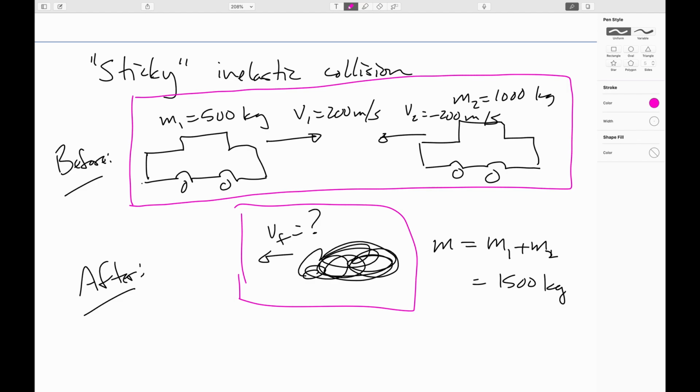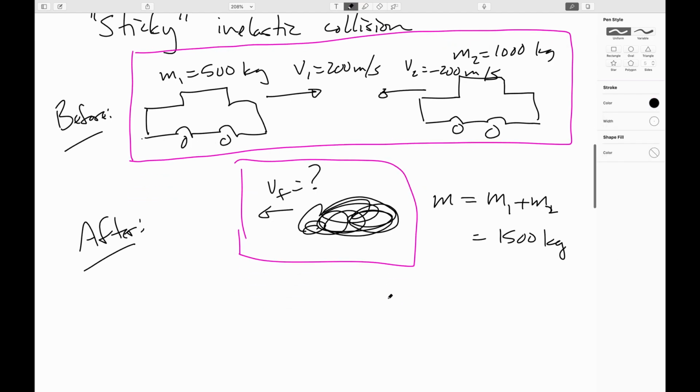Okay, so with that, we can now go ahead and figure out what our final velocity of our twisted mass of metal is. Since we've established that the system is isolated, that will allow us to state that the total momentum final is equal to the total momentum initial.